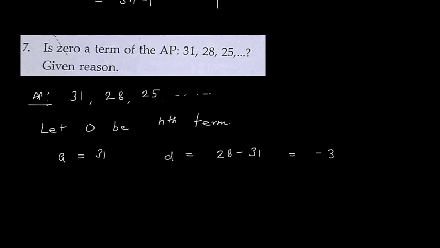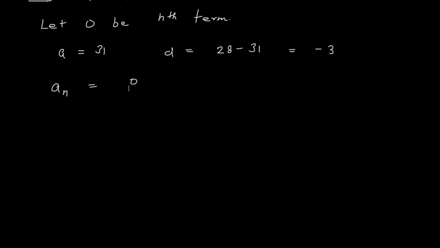So you have the value of A, you have the value of D. You have to find an. We have said that the nth term is 0, so an is equal to 0. The formula for an is a plus (n minus 1)d, so a plus (n minus 1)d is equal to 0.